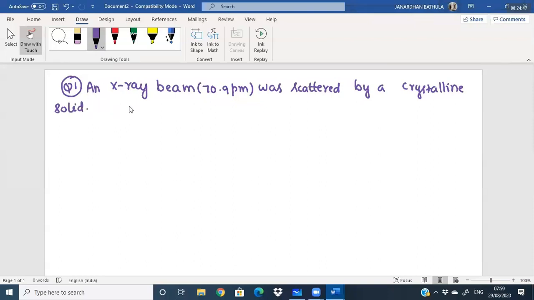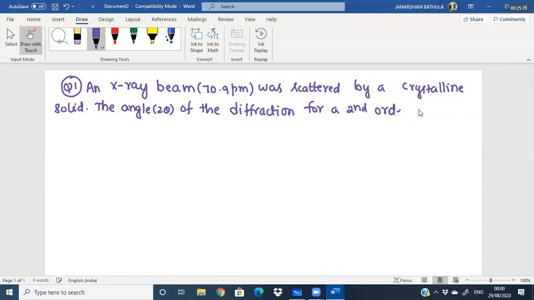The angle 2 theta of the diffraction for a second order reflection is 14.66 degrees.